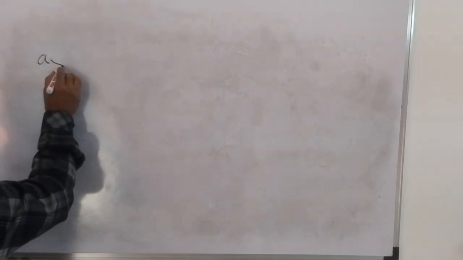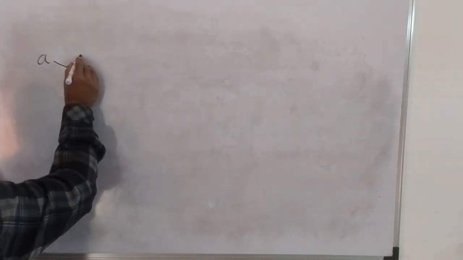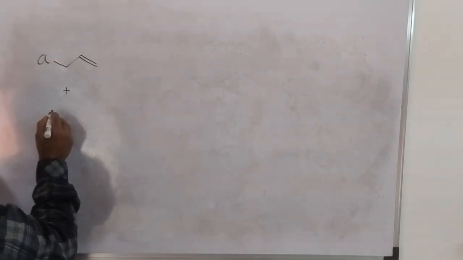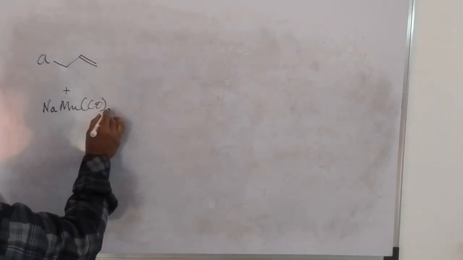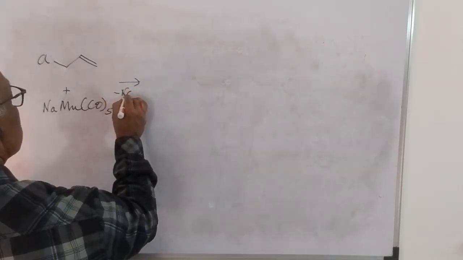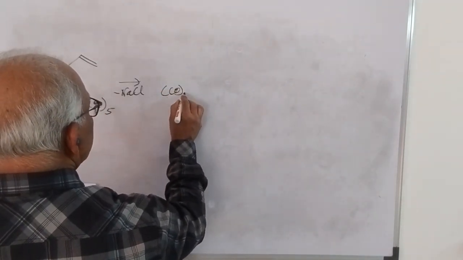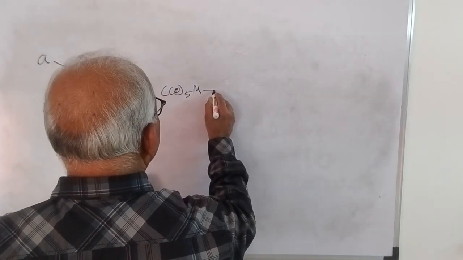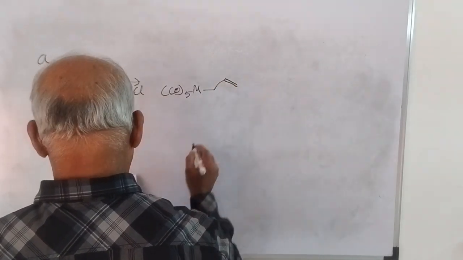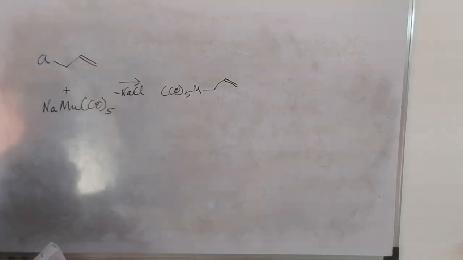Now we will see some examples. If you take the allyl chloride, Cl CH2 and so on, like this, plus the complex sodium Mn(CO)5, it gives minus NaCl, and this carbon is bonded to the Mn, so we get (CO)5Mn with bonding to the CH2. Here the carbon-carbon double bond is not affected, it remains free.